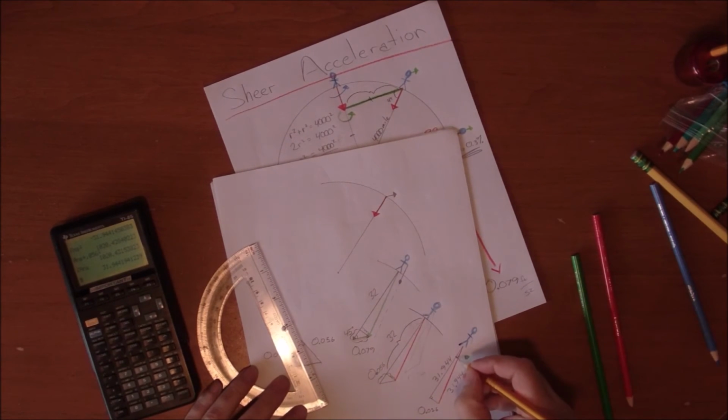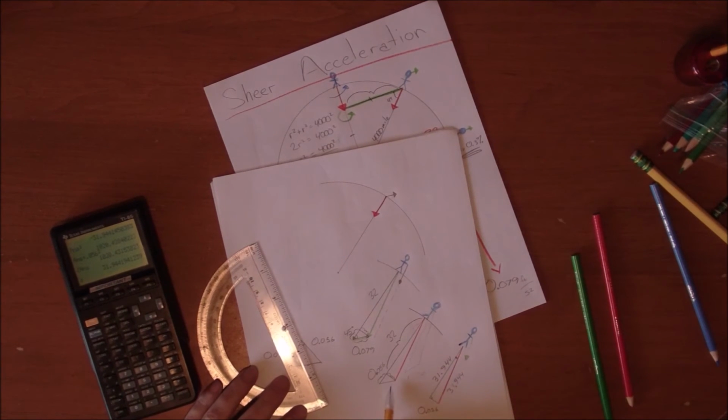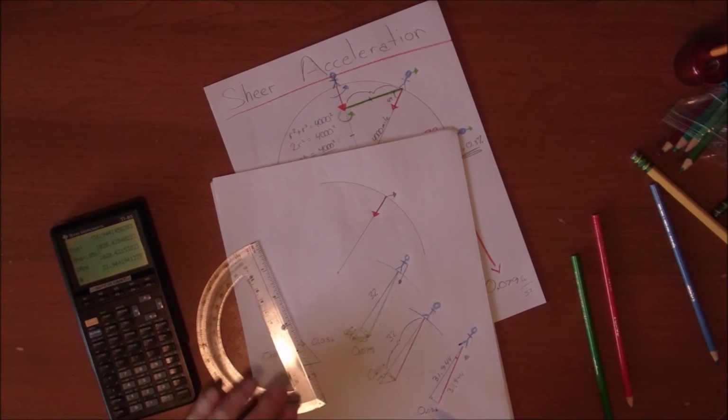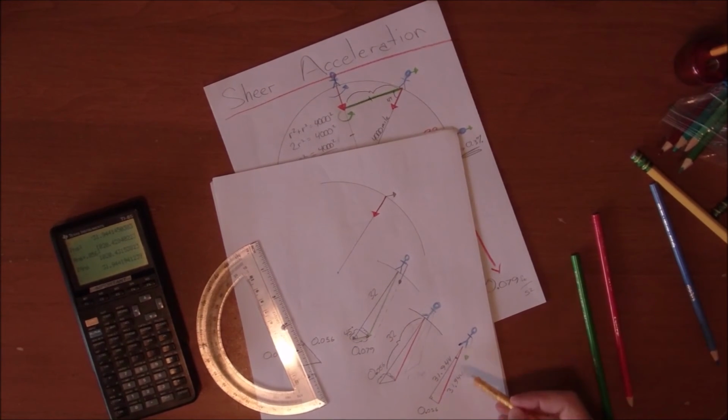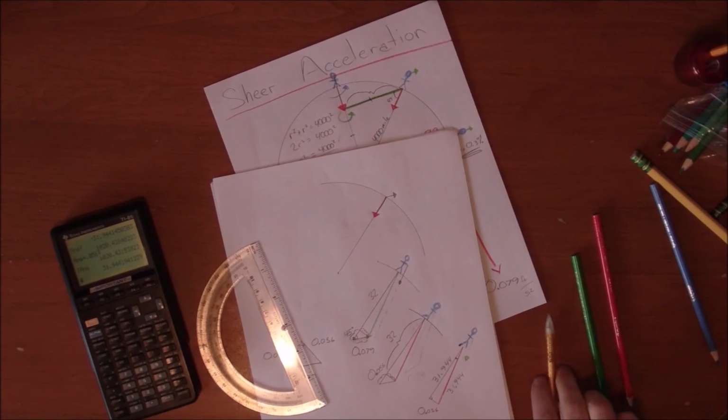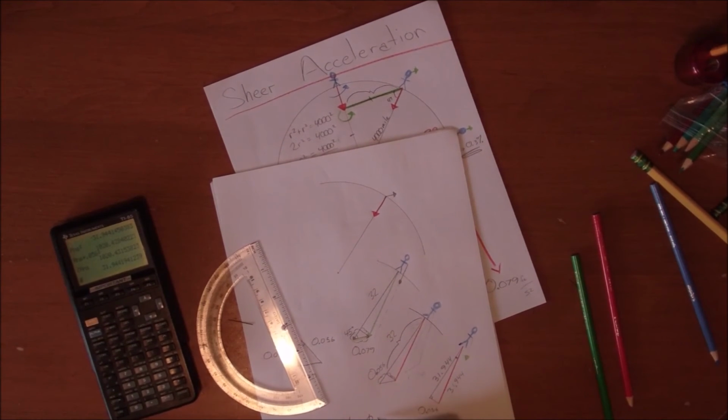Next we need to find this angle. And I'm going to go back to these two sides here. From this angle, this would be the opposite, this would be the adjacent, that would be tangent. I'll just say tan phi is equal to the opposite divided by the adjacent.